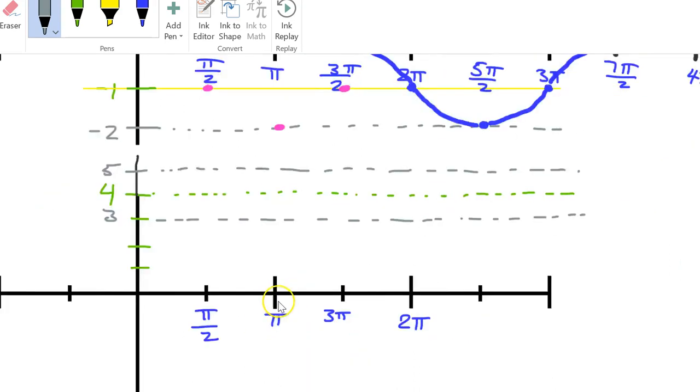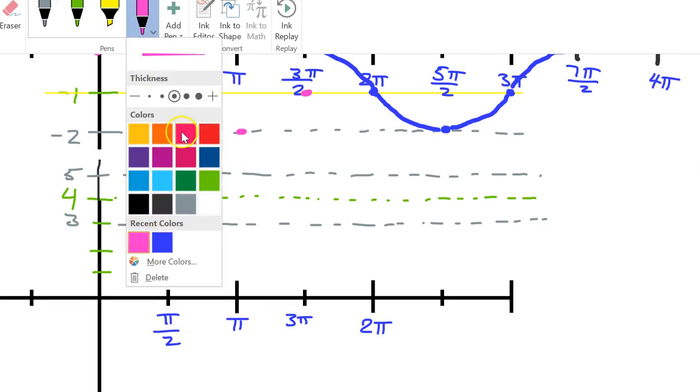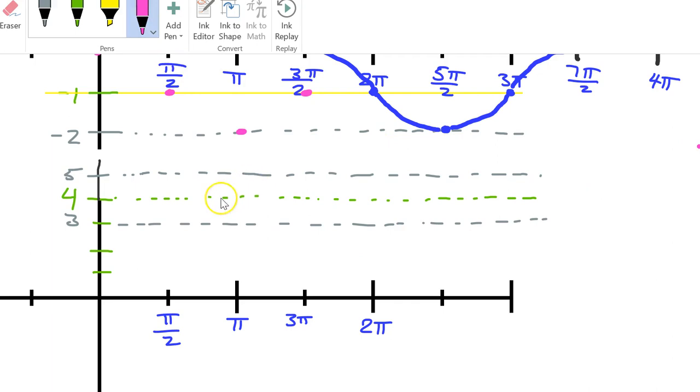This is the sine function. So let's see, what would the sine function look like if there was no phase shift? Alright, without a phase shift, the sine function would start here at the midline. So I'm looking at the 4, remember this was a midline. So the sine function starts at the midline, then it goes to its highest point, then it goes back to the midline, and then it falls to its lowest point, and then it ends up back at the midline. So this is what the graph would look like if there was no phase shift.